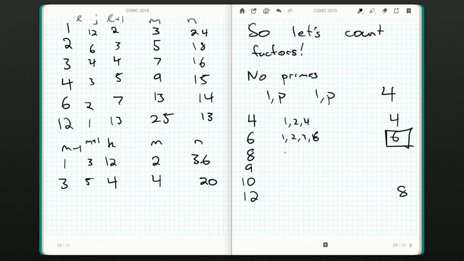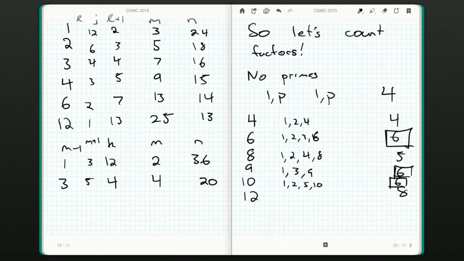We like that one. 8 has 1, 2, 4, and 8. It's 4 factors plus 1 odd one. That should be 5. 9 has 1, 3, and 9. That's 3 factors and 3 odd factors. That should be 6. 10 is 1, 2, 5, 10. So that's 4 factors and 2 odd ones. That's a 6. So we're getting some actual answers here.